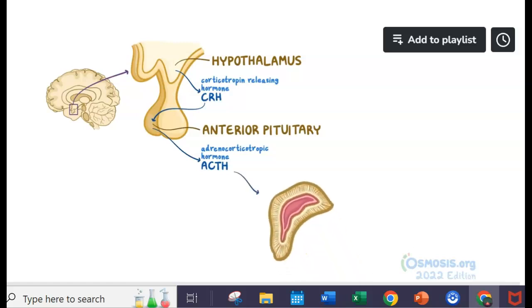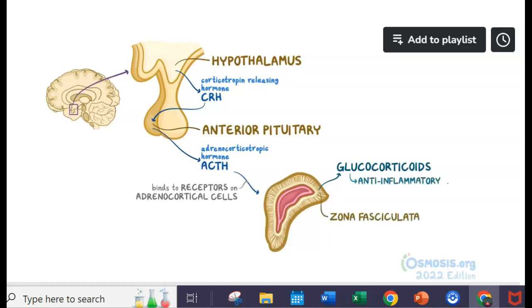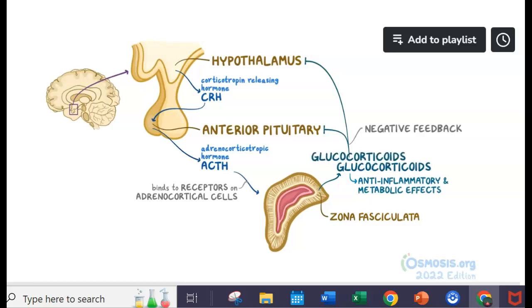ACTH then travels to the pair of adrenal glands and binds to the ACTH receptors on adrenocortical cells. This causes the adrenocortical cells to release the glucocorticoids from the zona fasciculata, which have powerful anti-inflammatory and metabolic effects. These glucocorticoids have a negative feedback effect on the hypothalamo-pituitary adrenal axis, meaning excess corticosteroids suppress the release of both CRH and ACTH into the circulation.